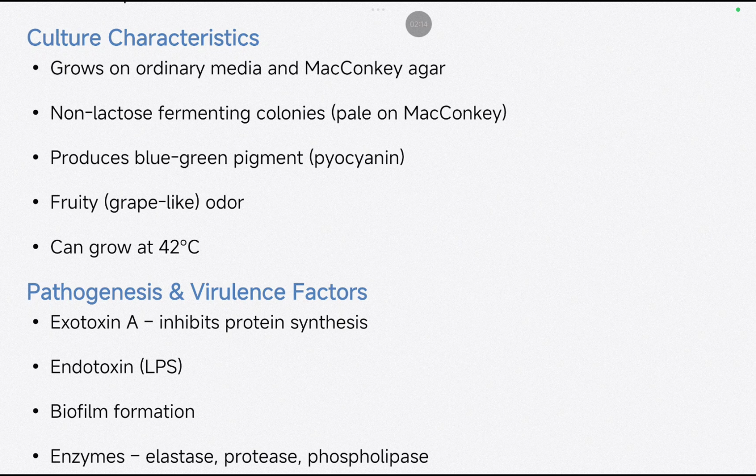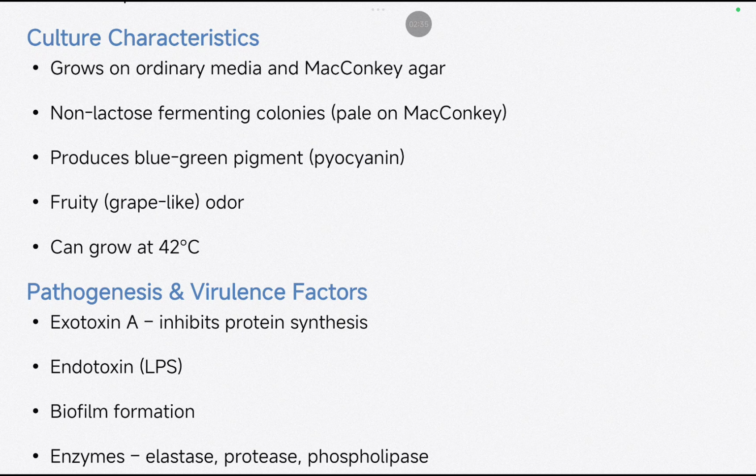Differentiation will always be based on fermenting capacity. So in the case of MacConkey agar, all the non-lactose fermenting colonies would be pale. And what color would be produced?